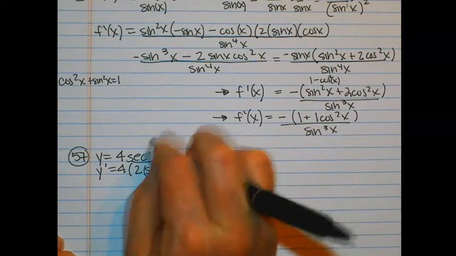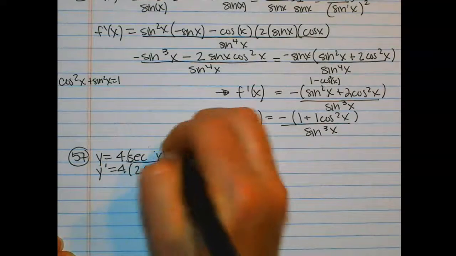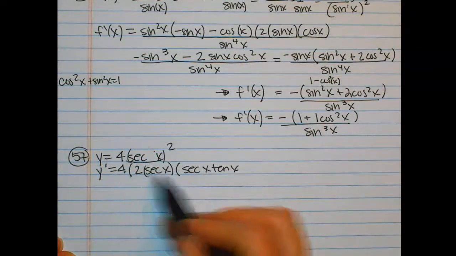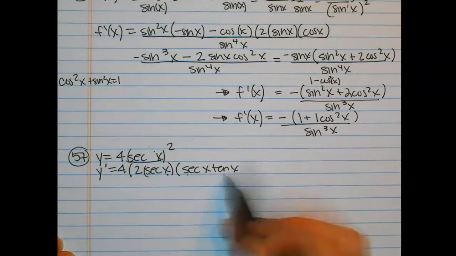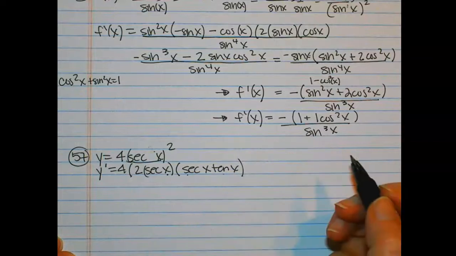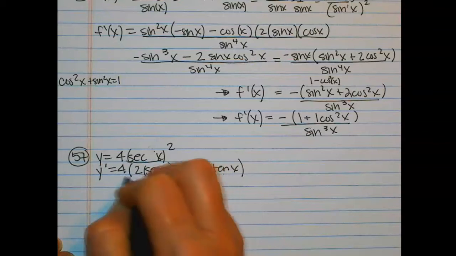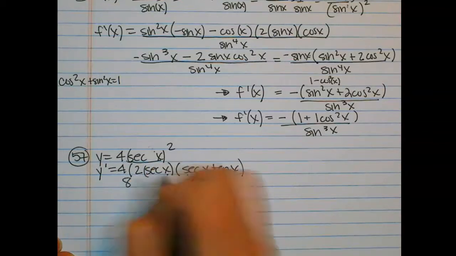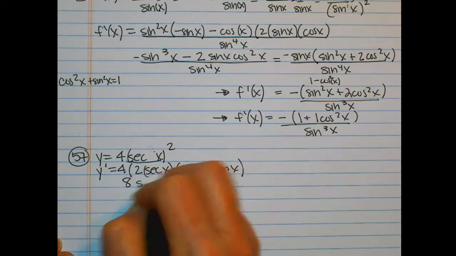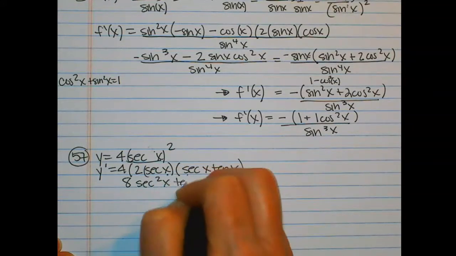And the reason I'm getting that is because this is secant of x squared. So there's 2, keep the baby, derivative of the baby, which is 4 times 2 is 8, secant squared x tangent of x.